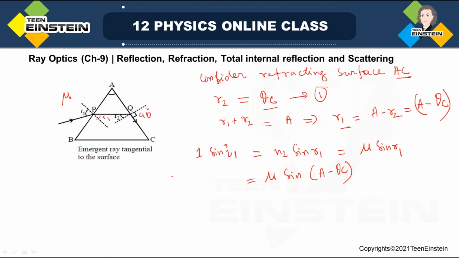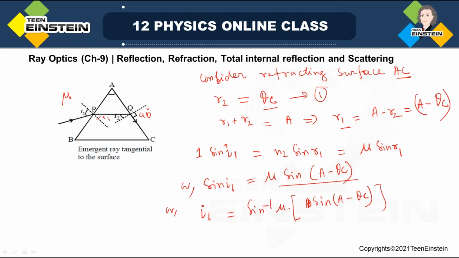So what is I1? This is sine I1. Now I1 will be sine inverse of this part, sine inverse of mu whole into sine of A minus theta c.